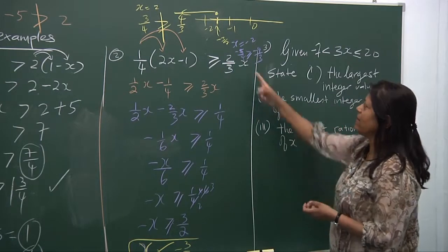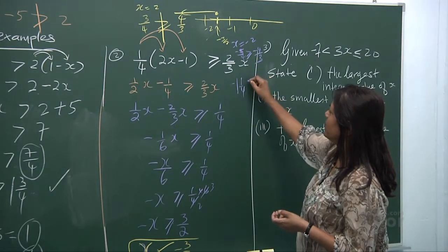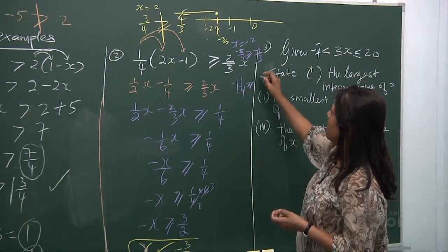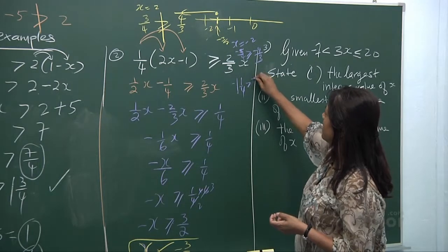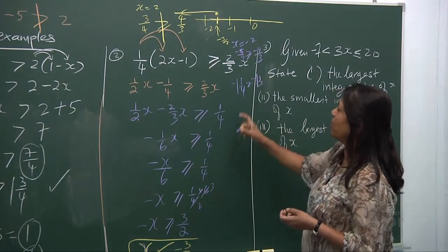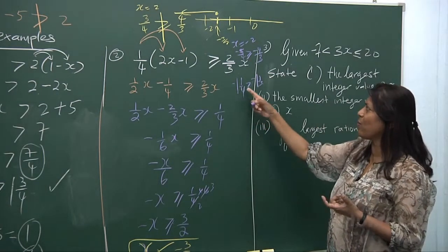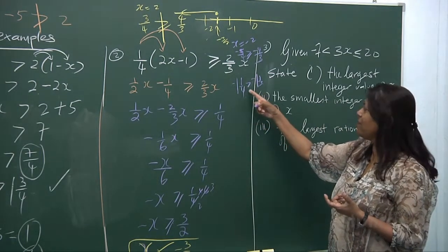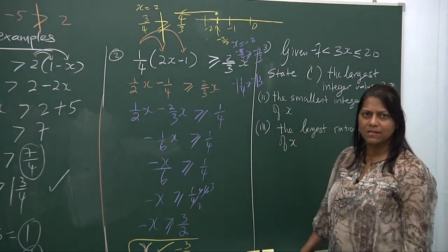You get minus 1 and 1 quarter. It's certainly bigger, not even equal, it's bigger than minus 1 whole and 1/3. Minus 1 quarter is definitely bigger than minus 1/3. So this condition is satisfied.